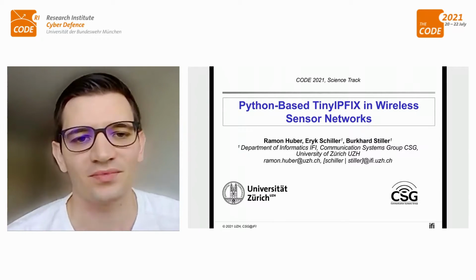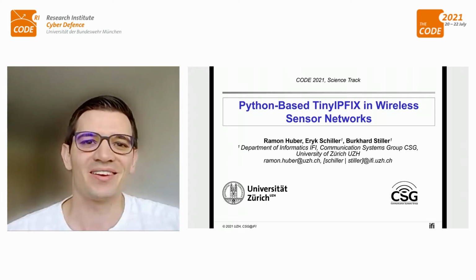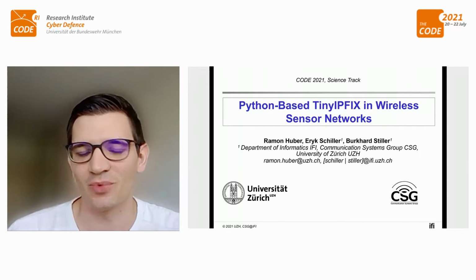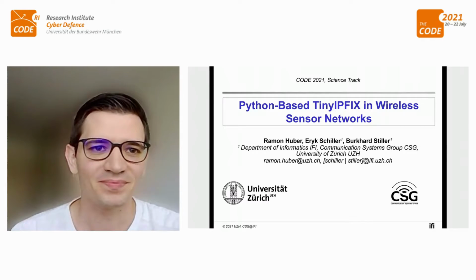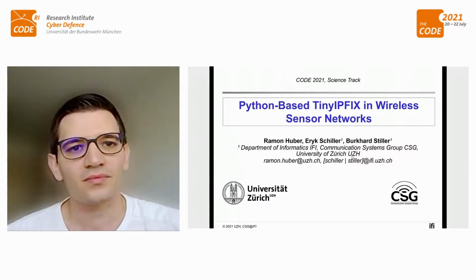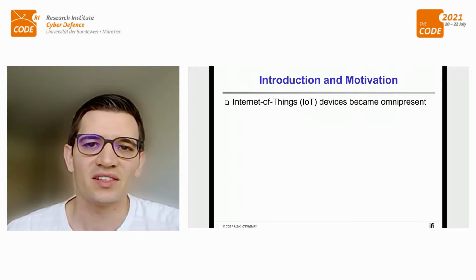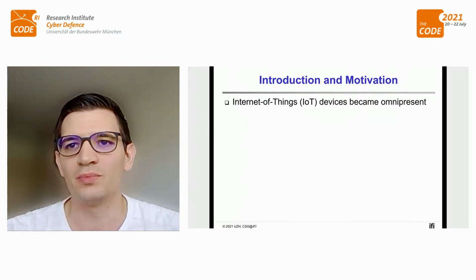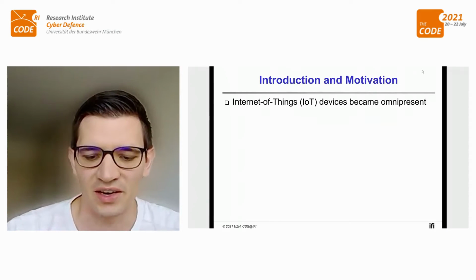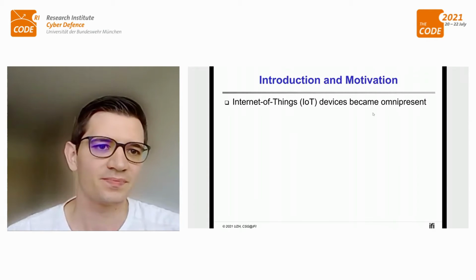Yeah, so with that, welcome to the presentation of Python-based TinyIPFIX in wireless sensor networks. Internet of Things devices have become ubiquitous during the past years because of their dropping price points.